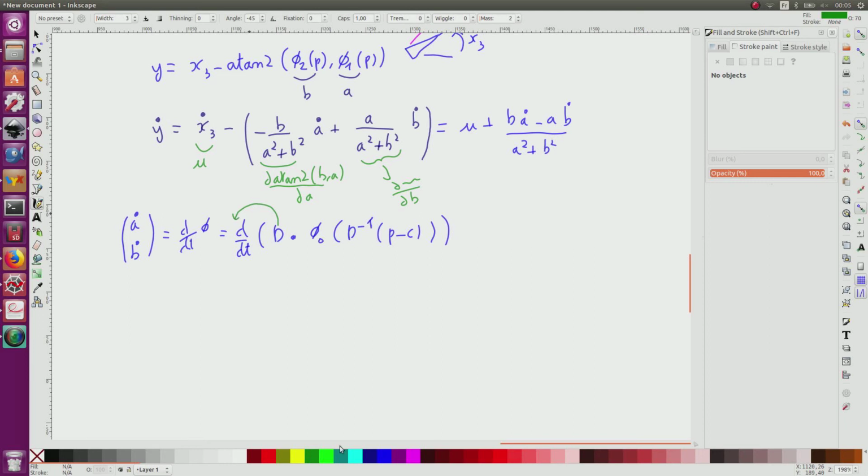and if I compute this, it is a composition of two functions, so I will obtain d multiplied by the partial derivative of phi 0 with respect to p, d minus 1 p minus c, multiplied by the derivative with respect to t of what I have inside, so t minus 1 multiplied by p minus c.